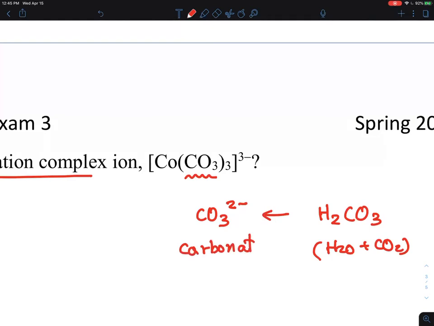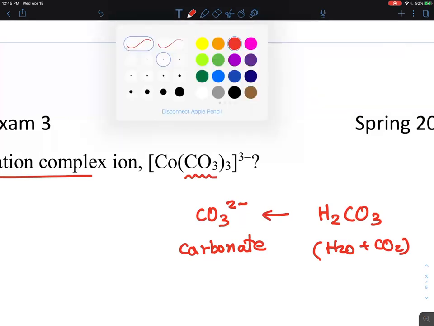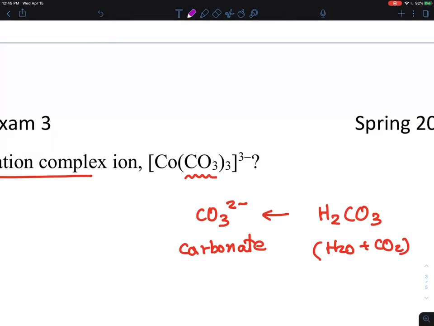This is the piece of the puzzle you need to figure out. The overall charge on each carbonate is -2, and there are 3 of them, so you multiply by 3. That's -6, so this side is -6 overall.